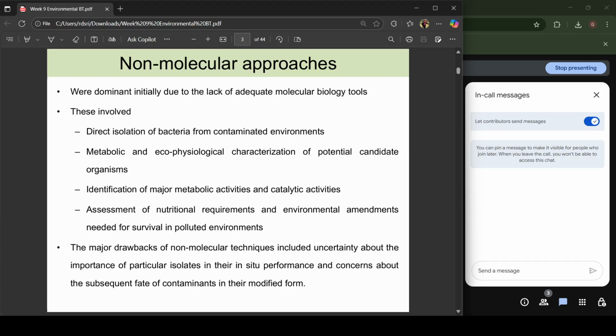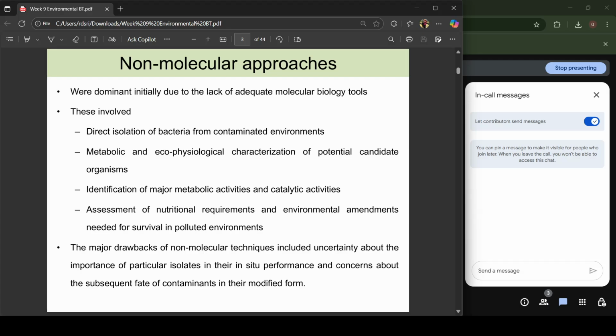So the first important thing in these non-molecular approaches is the direct isolation of bacteria. And then after that, people studied the metabolic and ecophysiological characterization of the potential candidate organisms. They identified major metabolic activities and catalytic activities, and then went on scrutinizing the essential nutrients and environmental conditions for the organisms to survive.